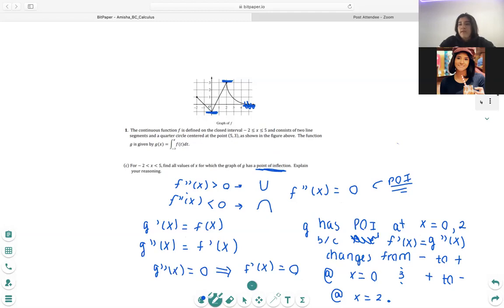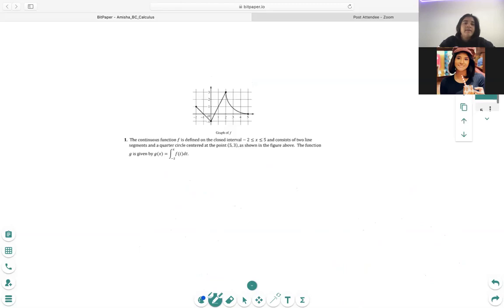All right, and then moving on to the last part of this question, part D. Evaluate the integral from 2 to 4 of f prime of 6 minus 2x dx. Okay, so we know that g prime of x is equal to f of x. And actually, we don't need this in this case.